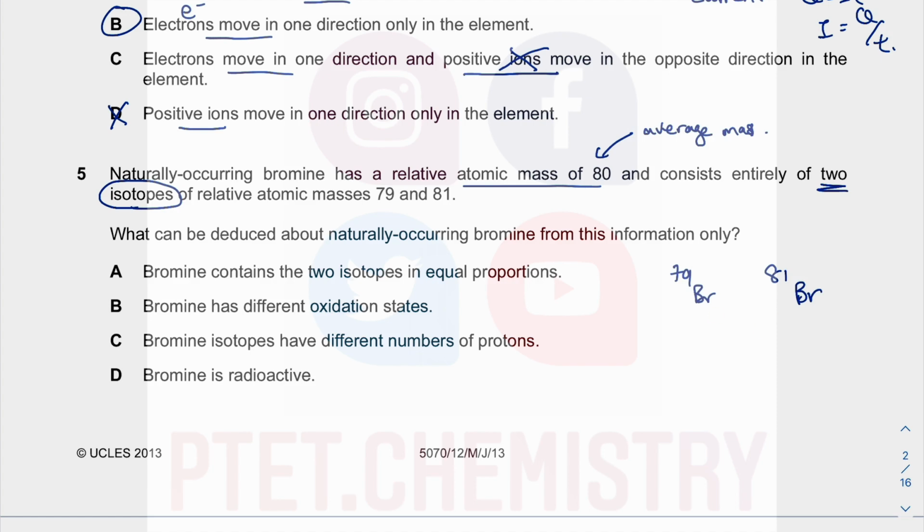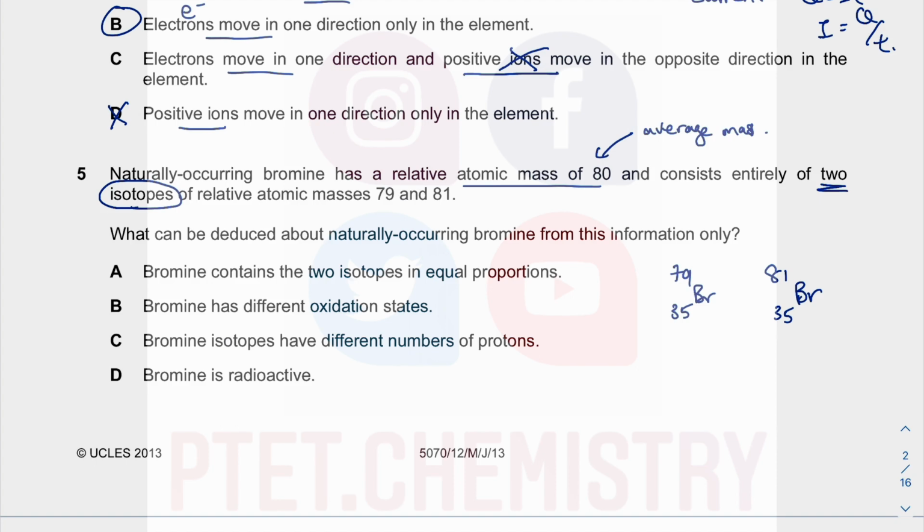These both are the same element, so because they are the same element, they have the same proton number, which is proton number 35. I'm looking at the proton number, which is the identity of the element. So proton number for bromine is 35. These are the 2 nucleon numbers given by the different mass numbers. Same number of protons, different number of neutrons.